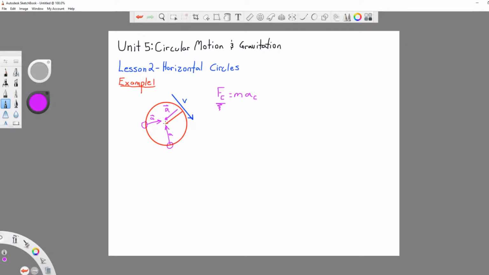So if this thing leading out to our mass here were a cable, and we're spinning this on a cable around our heads, well, this centripetal force is really just the force of tension, right? In a cable, we have tension force. Maybe we had a large sun here, and this were a planet, and then this line wouldn't even exist, and this planet were orbiting the sun. Well, in that case, the centripetal force would be gravity. We could even say that this were like a loop-the-loop, right?